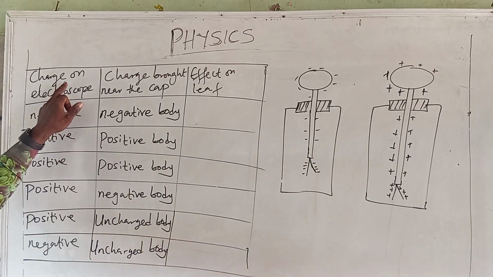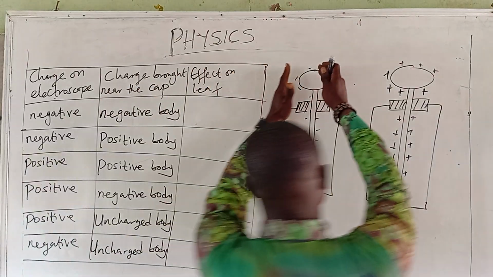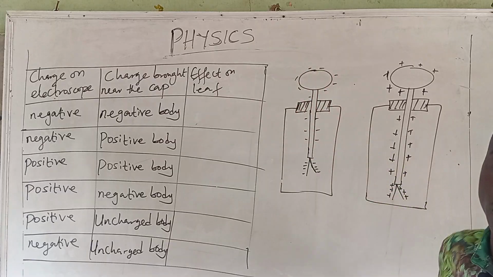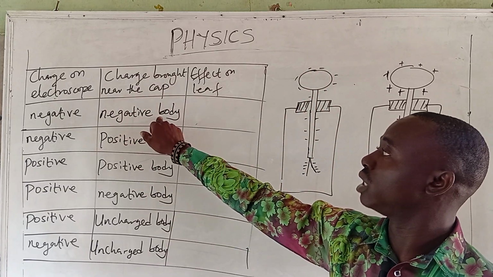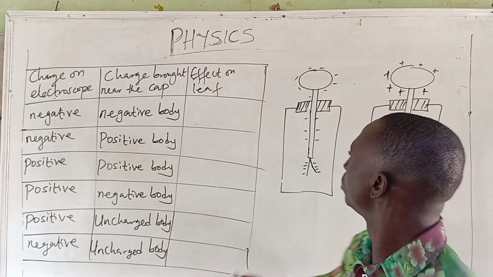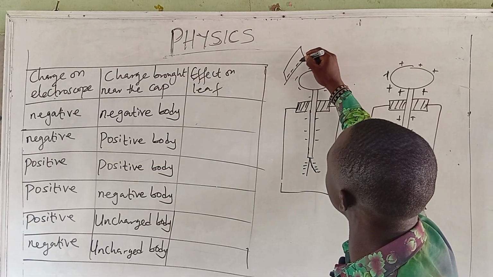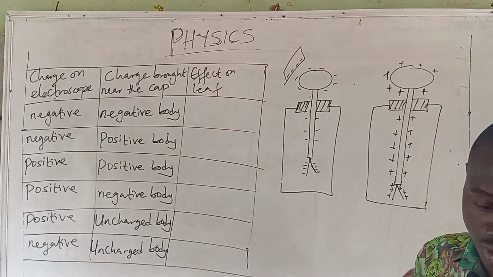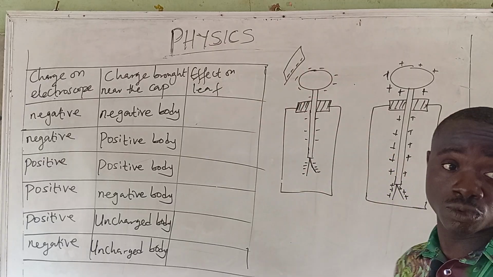So when the charge on the electroscope is what? Negative, like what we have here now. The charge on this gold leaf is negative. You now bring a negatively charged body close, like a charged ebonite rod. What will happen is that most of these electrons here will be pushed down as a result of what?